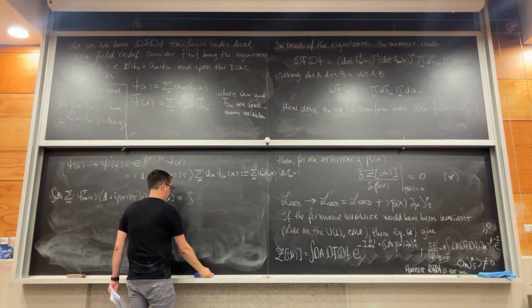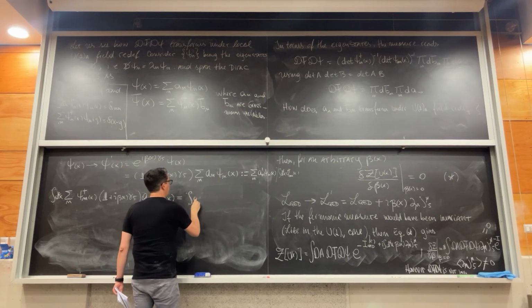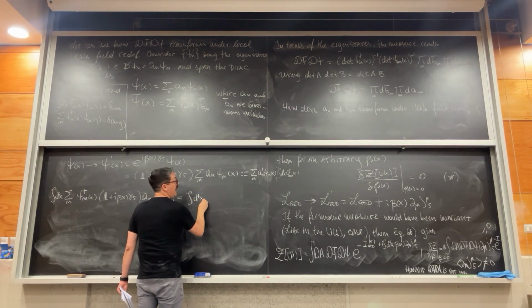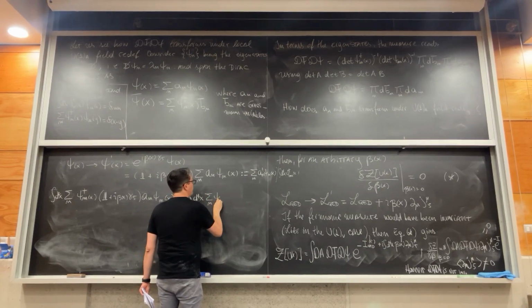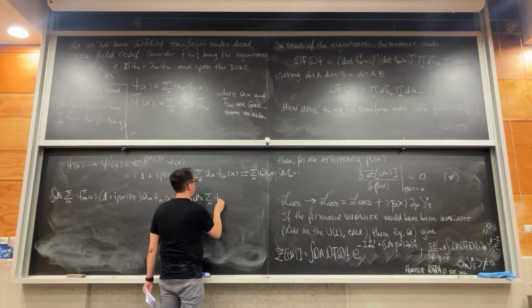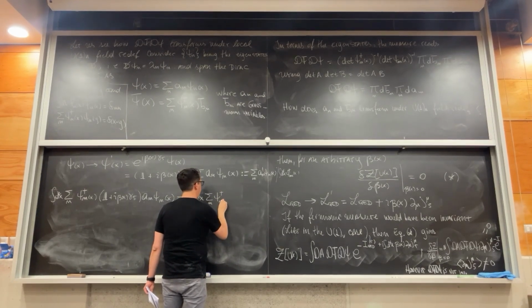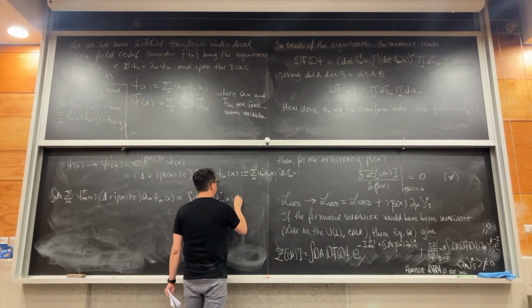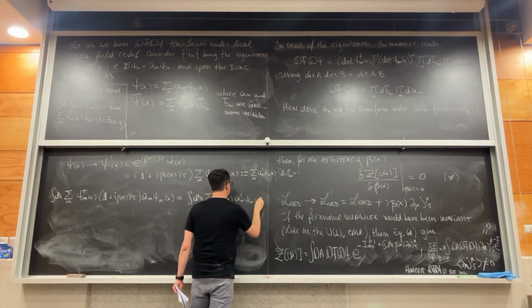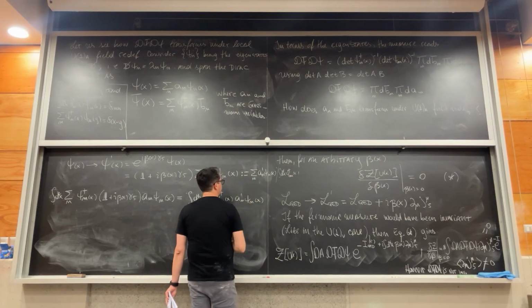This will be d^4x sum over n psi dagger m, sorry, psi m x a prime n psi n x.